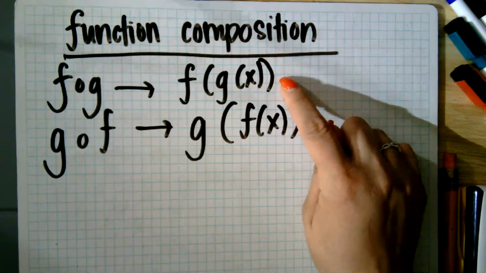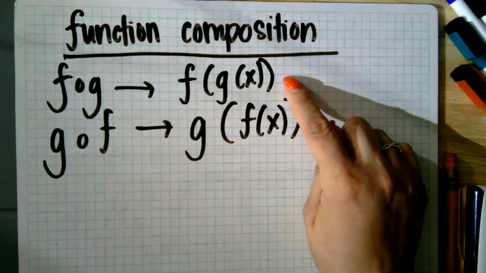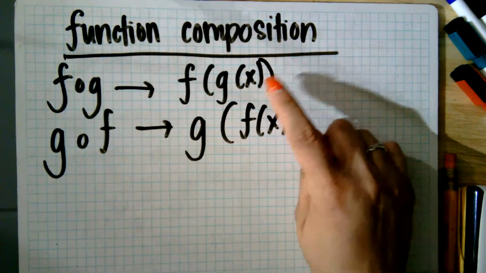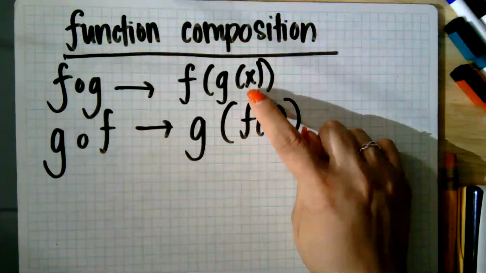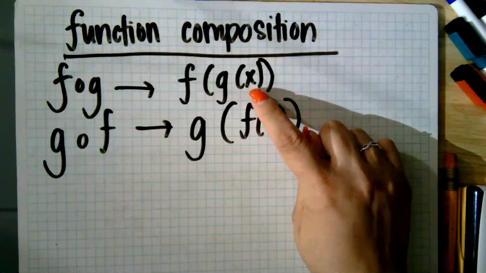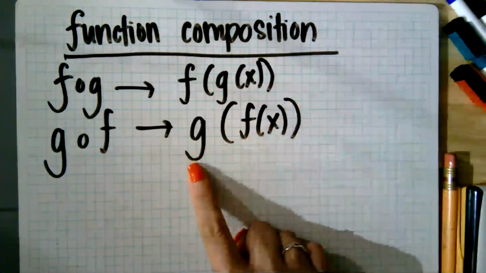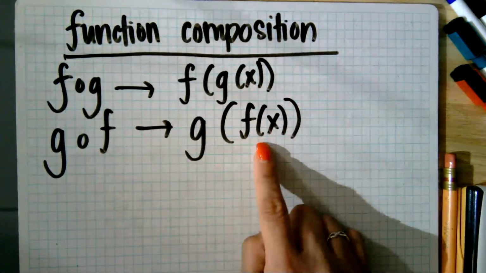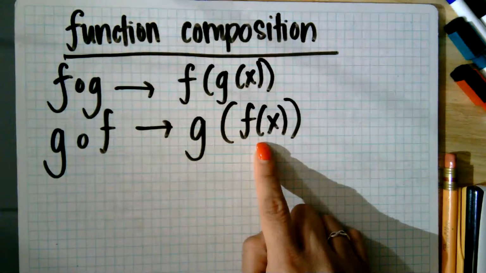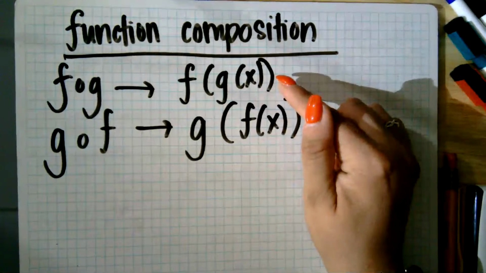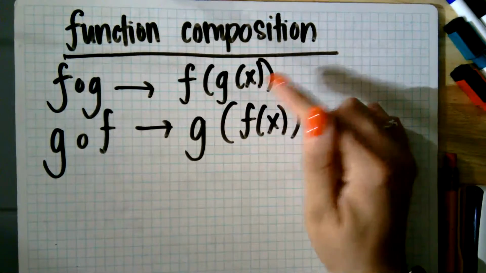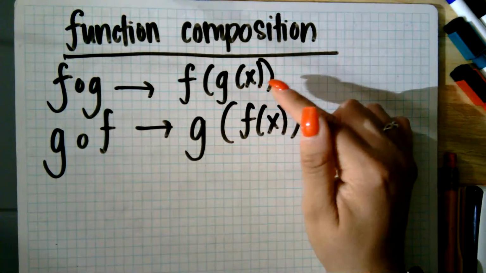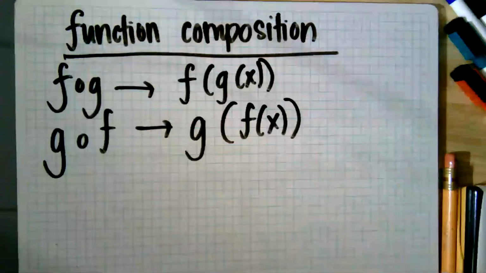So if you can see it, the f function is the pregnant lady and the g function is the baby inside. And over here, the g function is the pregnant lady and the f function is the baby inside. So what does this mean? This means that when the baby is inside, that function becomes the input of the pregnant lady, okay?